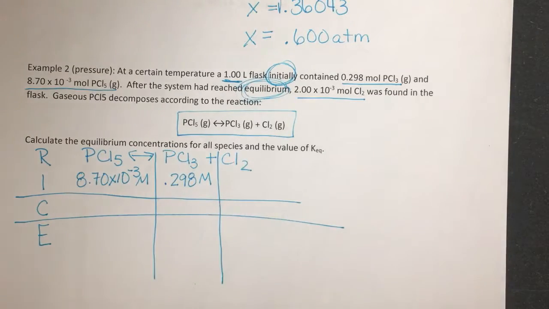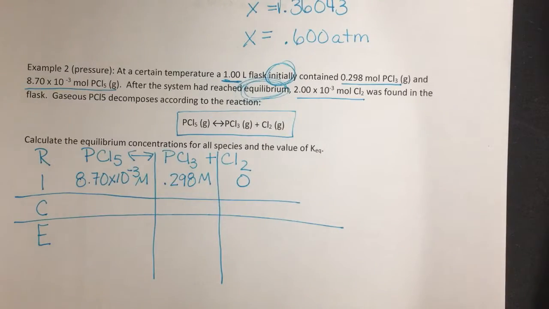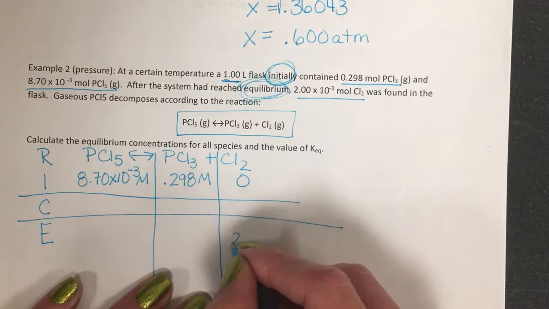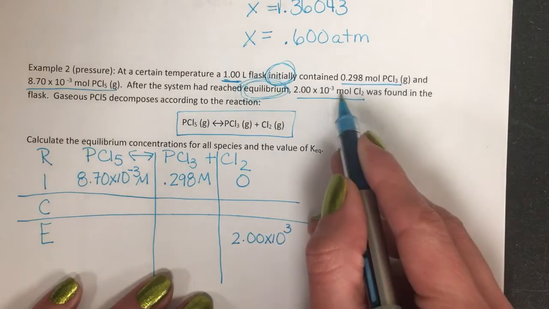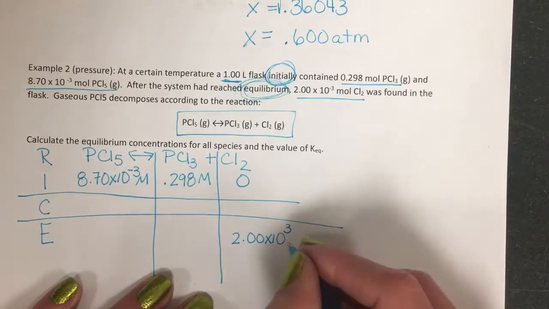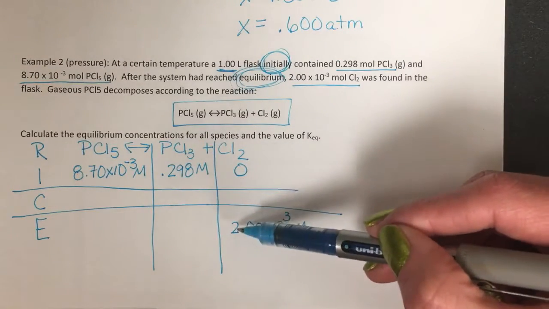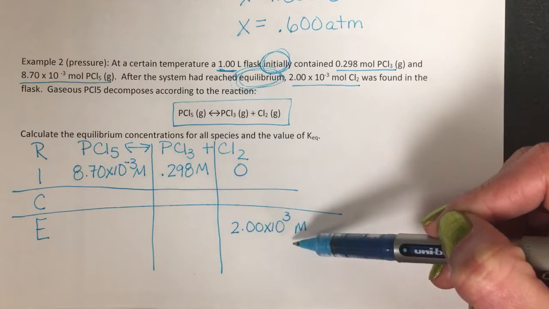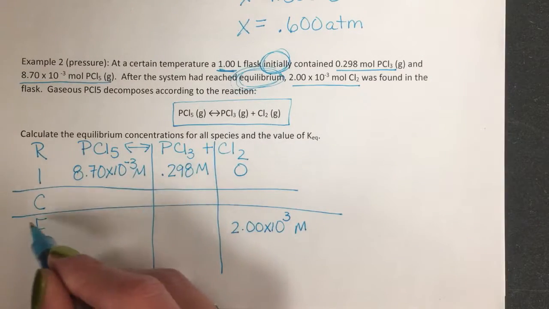Now, initially, I have no Cl2. I'm told that at equilibrium, I have 2.0 times 10 to the negative third moles per liter Cl2. So if I went from 0 to 2.00 at equilibrium, then how much did it change?